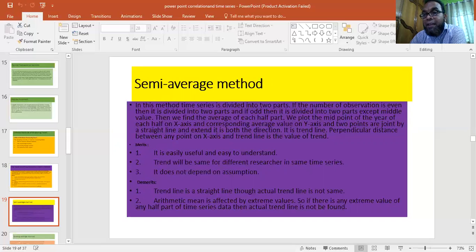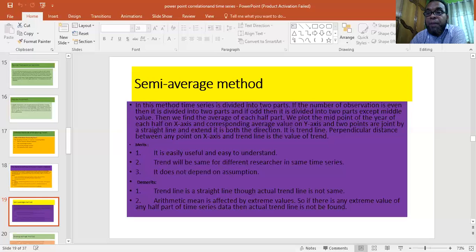We can get an idea about the values of the previous years and of the next years. Say the last year of rice production given is 2015, then you can get an idea about the production of rice in 2030 also by this method.